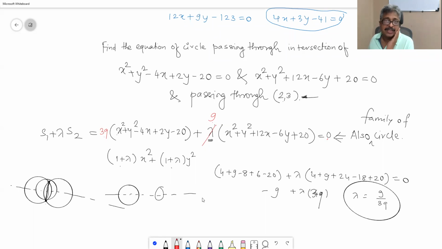So today's topic was S plus lambda L is equal to 0, L1 plus lambda L2 equal to 0, and S1 plus lambda S2 equal to 0. This is the new tool that I have taught you today. You need to search for applications now.